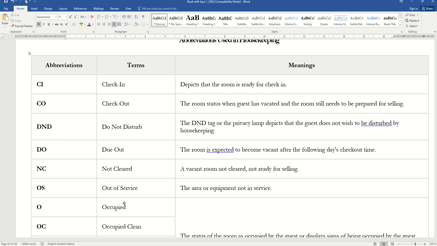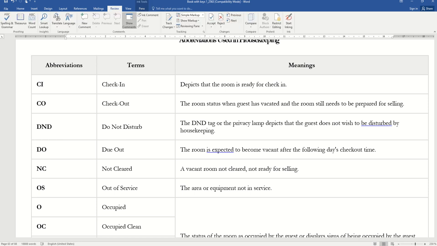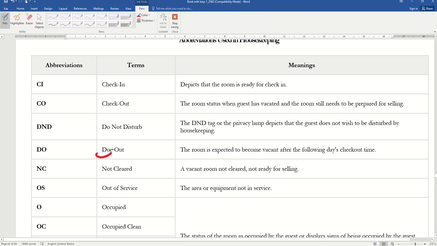CICO, that is common. DND, do not disturb. Then DO, what is DO? Usually there is a due date, right? Due date, due out. The room status DO is like the stay is over. The stay is over, so the room status is DO.